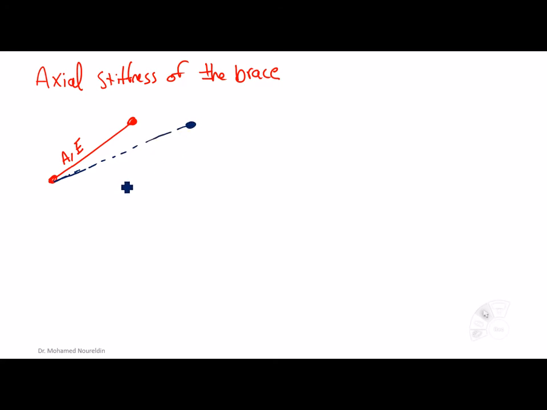The distance between the original position and this one is u. Remember that our system is something like this.